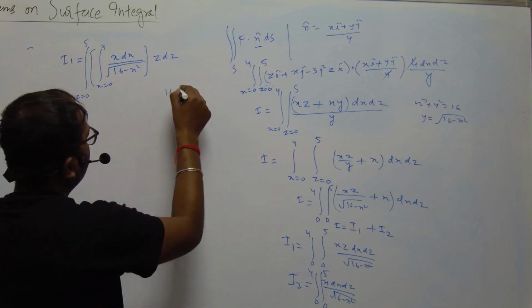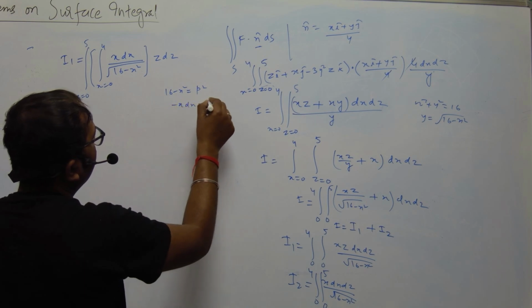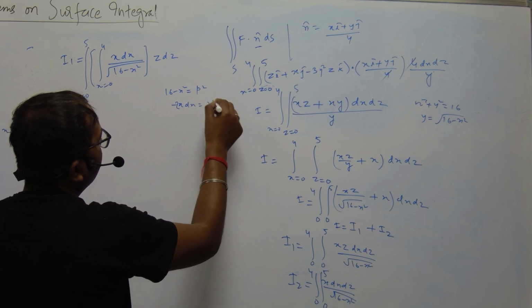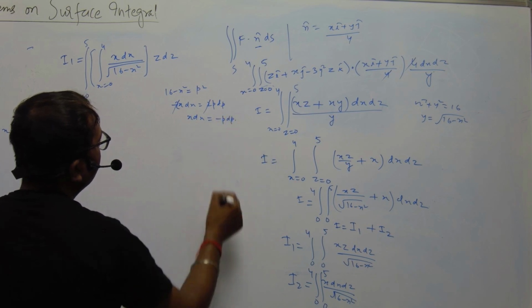Let us take 16 minus x square equal to p square. From here, minus 2x dx is equal to 2p dp, so x dx is equal to minus p dp.